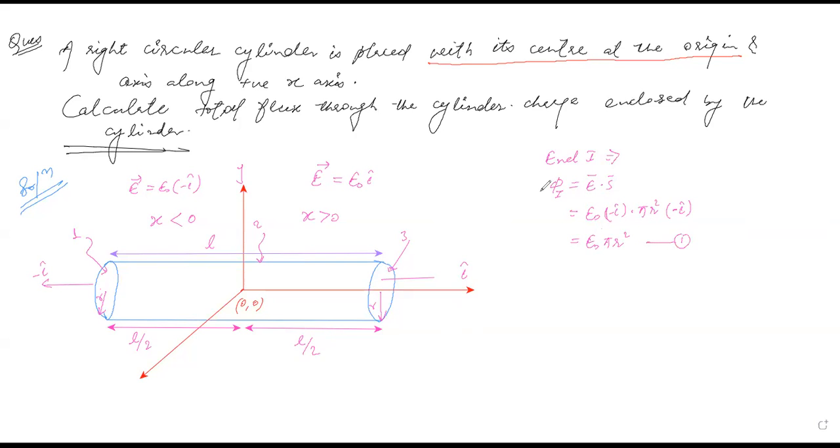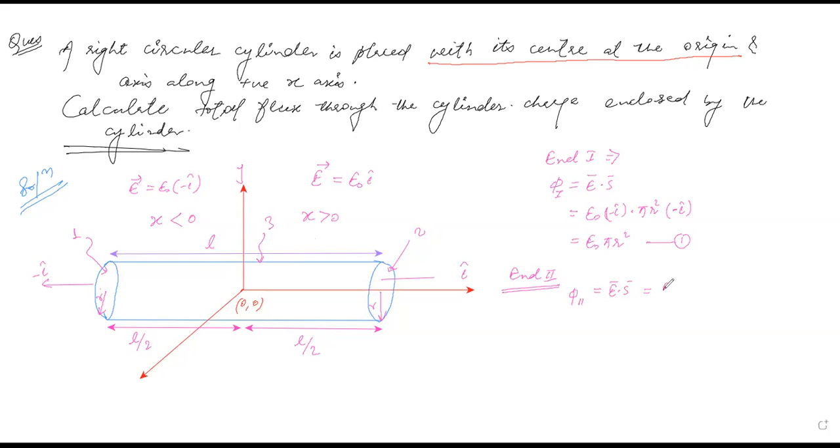Similarly, if we solve for the cross-sectional area of end 2, then your phi 2 will be... no, it is your cross-sectional area 3. Actually, we have taken it as 2. Sorry, not 1, it is your 3. So phi of 2 will be E dot S. What is your E?